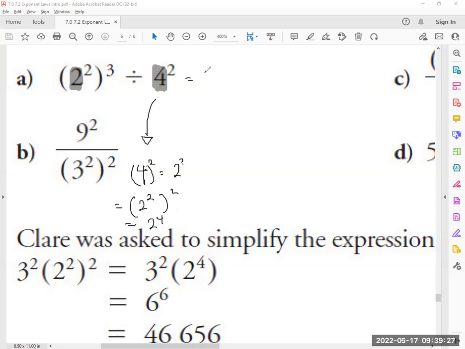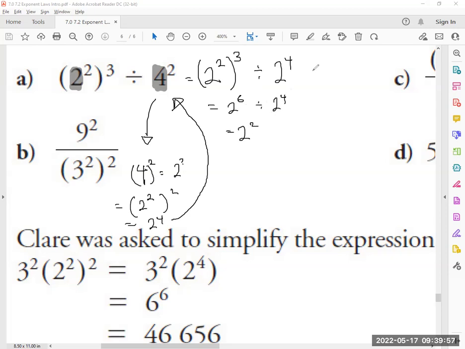This expression, I can rewrite as 2 to the power of 2, which is to the power of 3, divided by 2 to the power of 4. And solve. Yeah. 2 times 3, that's 2 to the power of 6, which leaves 2 to the power of 2.